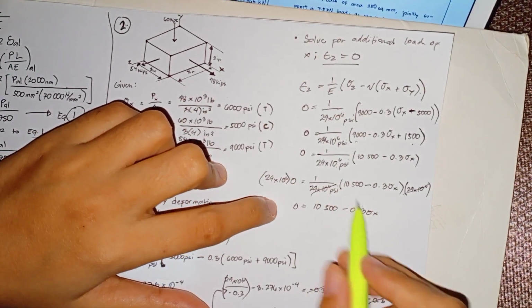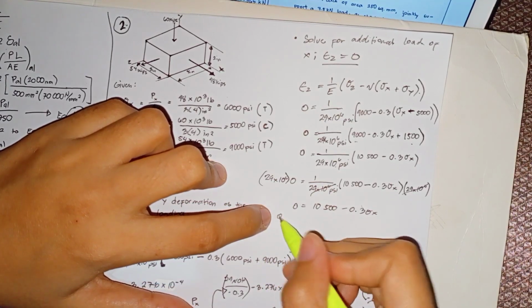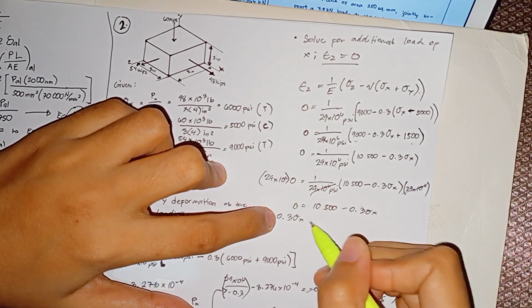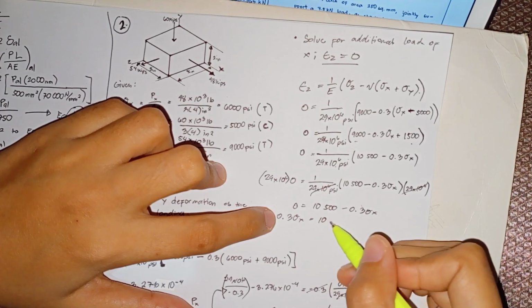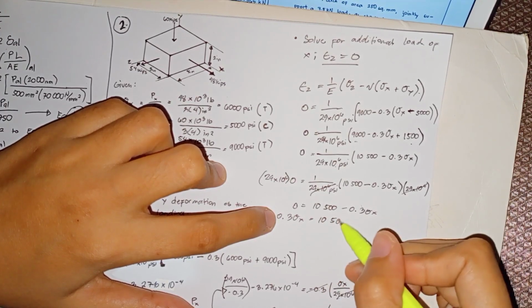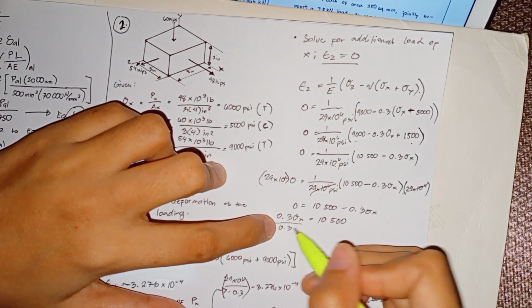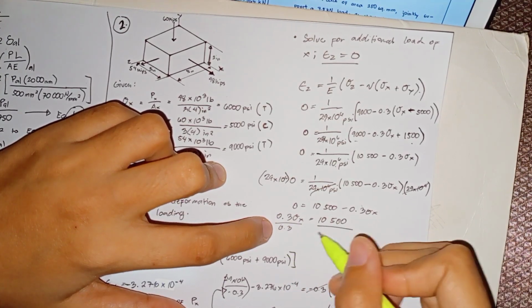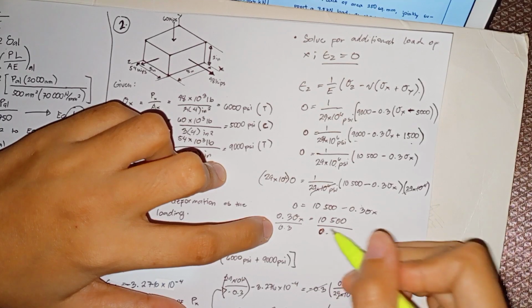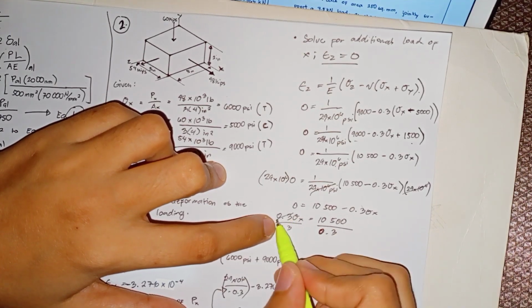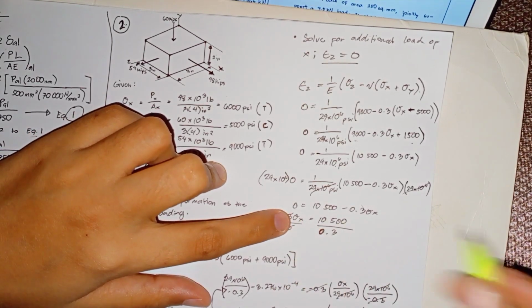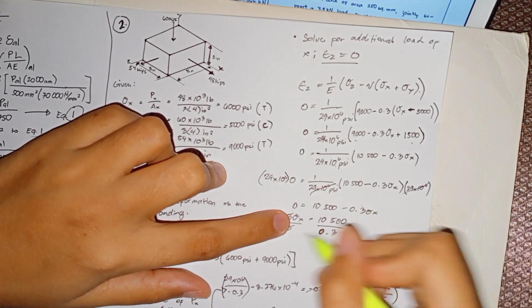Now, itatranspose natin ito siya sa kabila. So, is equals to 10,500. And then, divide natin ito siya ng 0.3. Divide din tayo dito ng 0.3, para makancel natin ito siya and maiwan lang AC stress of x. Okay.